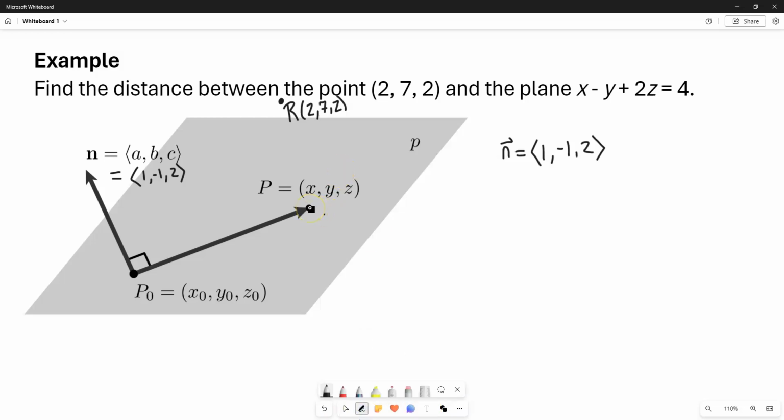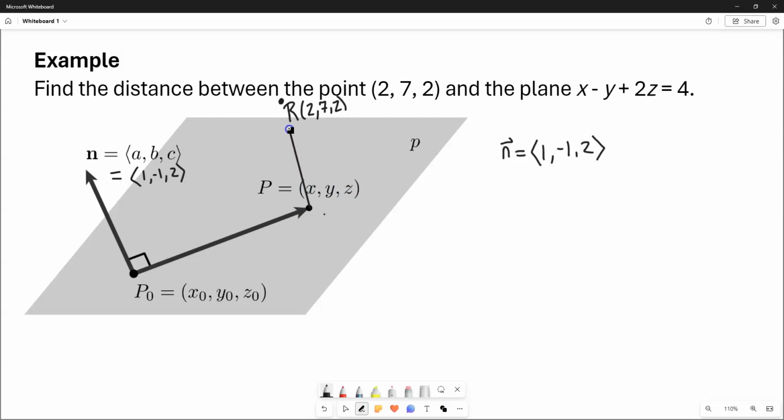We'll call this now our new normal vector, and we still suppose that it is perpendicular to the plane, but instead now it is moving in the direction of R.